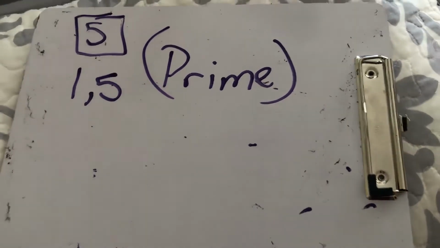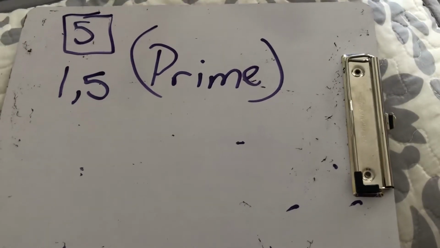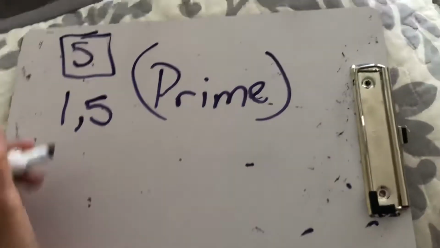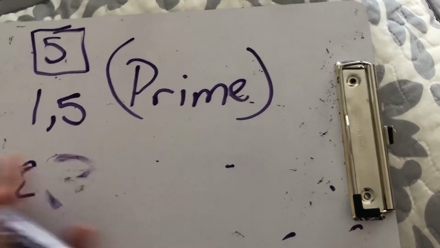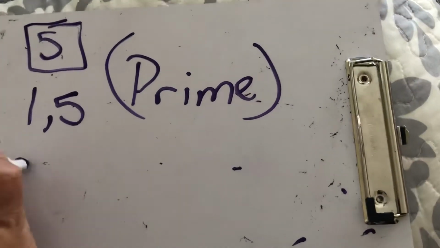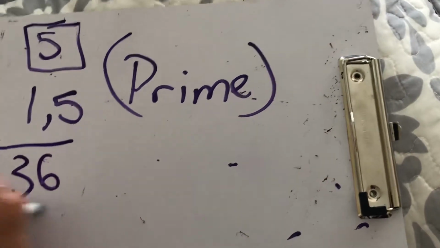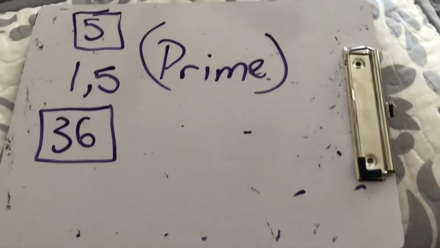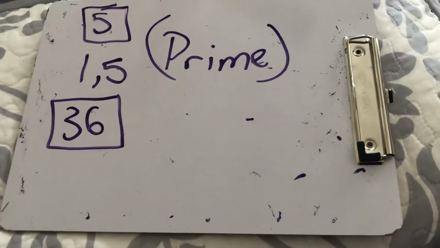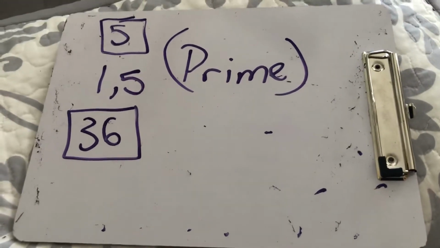The opposite of prime is something called composite. If you have a multiple like, let's do 36. If I were to find all the factors of 36, that's going to help me figure out if it is prime or composite.